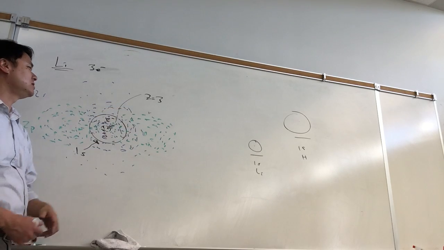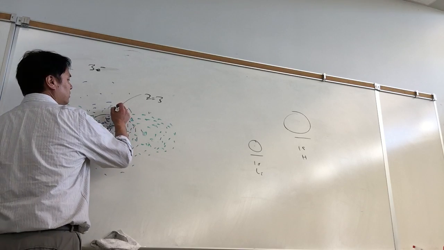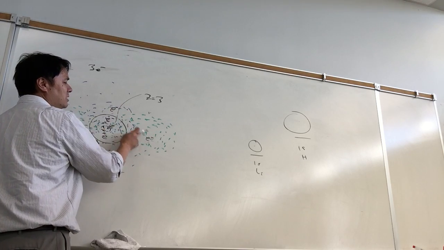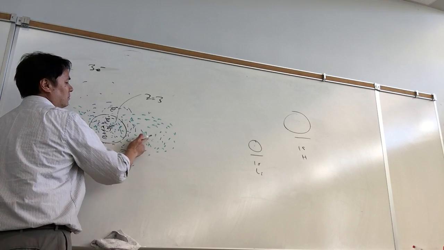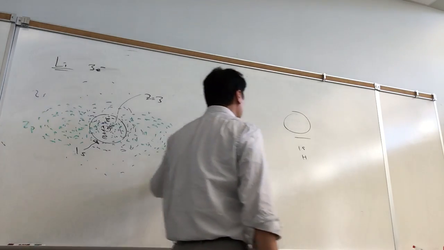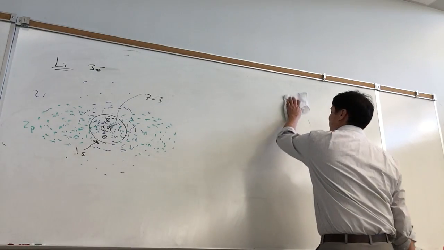You see something called Z effective. If you're an electron out here versus an electron out here, you're going to see a different Z effective. Z effective is what we call the effective nuclear charge, which is going to be less than plus 3.